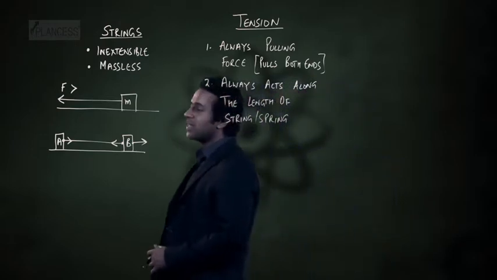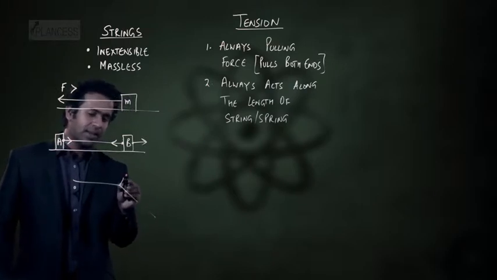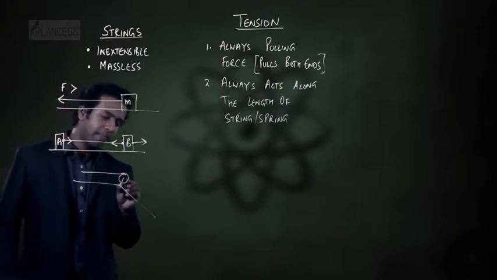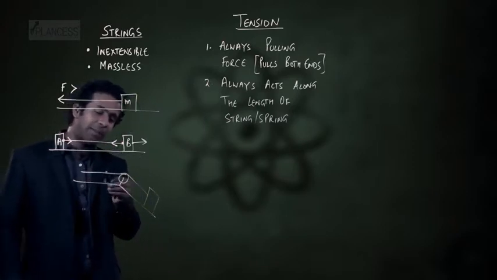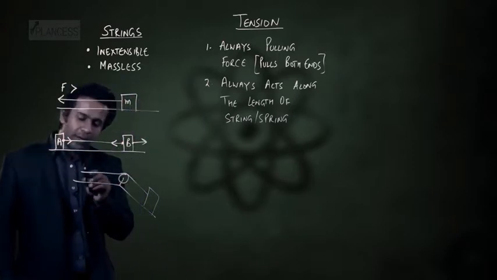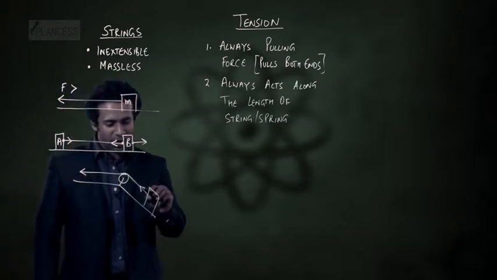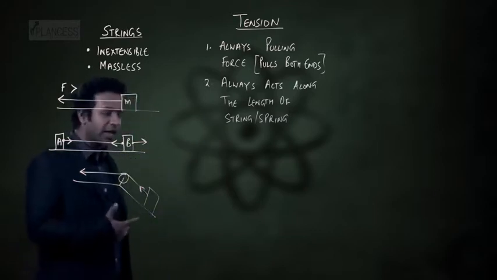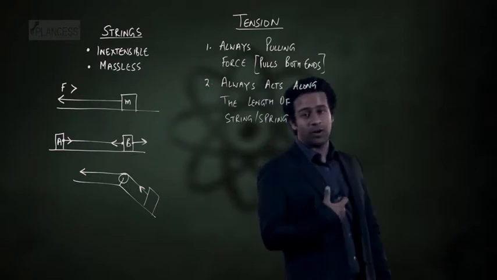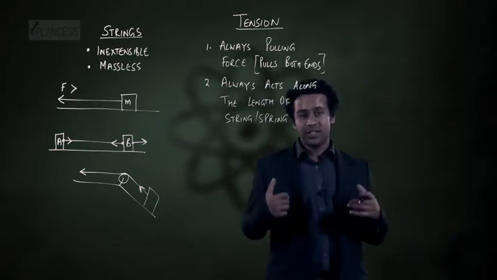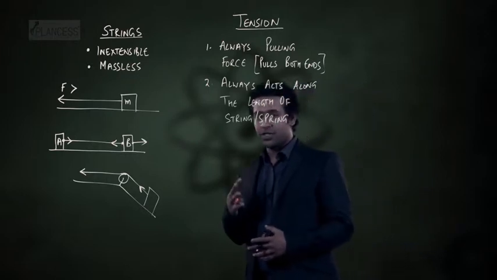What this means is that if you have a situation like this, say you're pulling a block where the thread actually bends after some point. When you pull this block, the tension which acts on this block will act along this length. It's fairly obvious, right? So these are the two properties of this force tension. It is always a pulling force and it always acts along the length of the string.